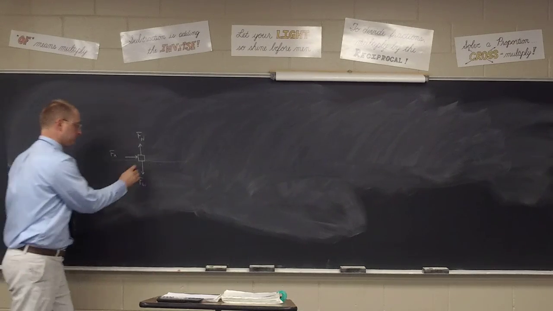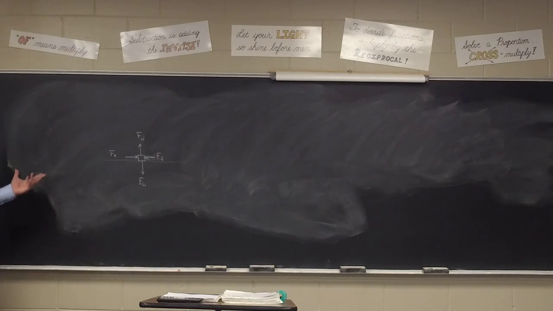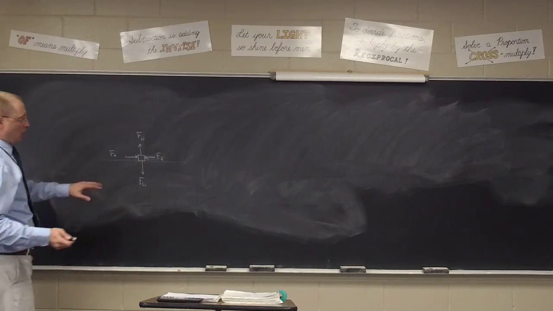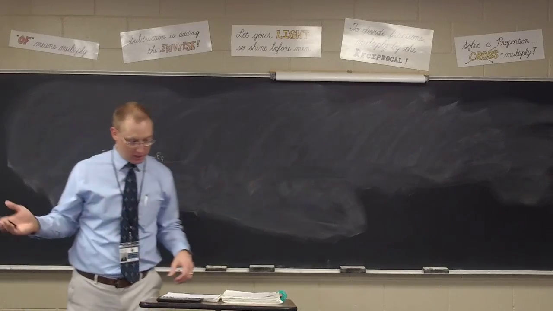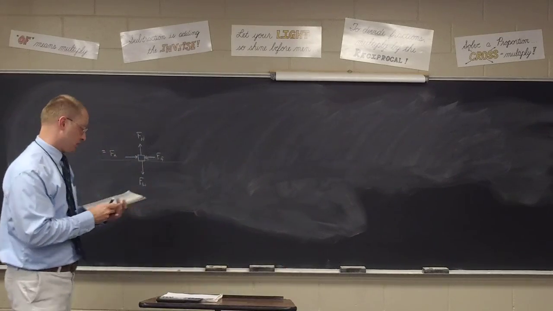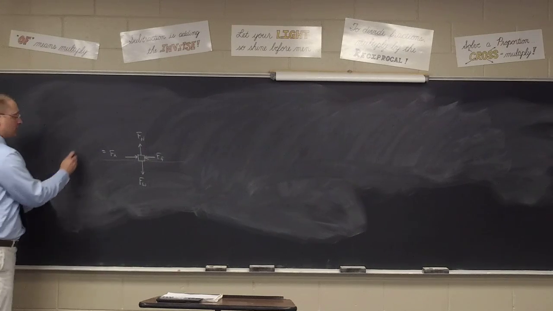Friction. There's our free body diagram. Pretty straightforward. We need to find all of the forces in play. Well, we're told how much the applied force is, correct? We're told the person pushes with a horizontal force of 60 newtons.